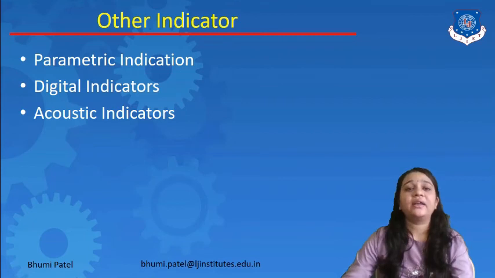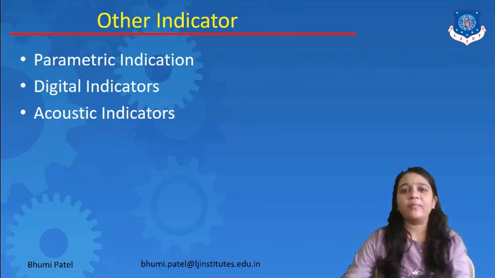And other indicators are the parametric indicator, digital indicators, and acoustic indicator. Now the first one is the parametric indication. A parametric indication tells only that the state exists. That means whenever the fluid is flowing or stationary, for example a flow meter.